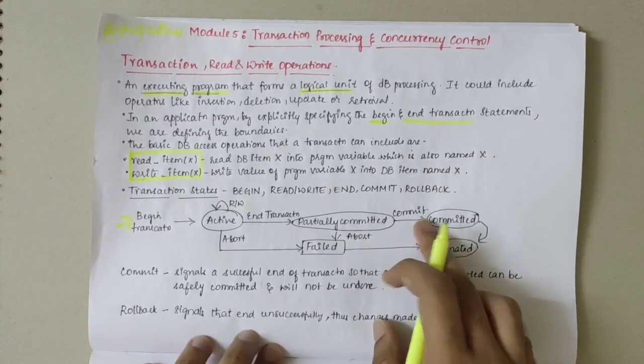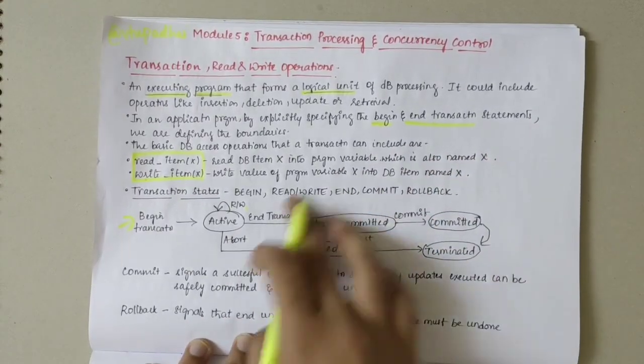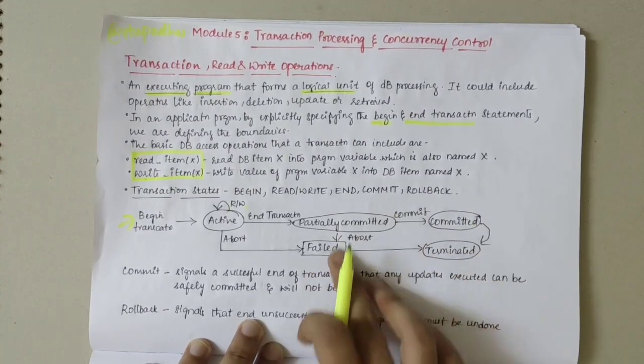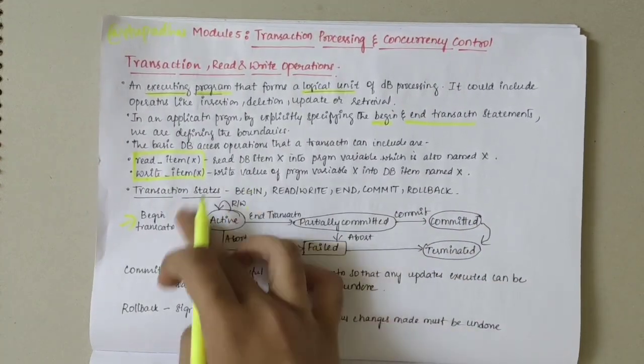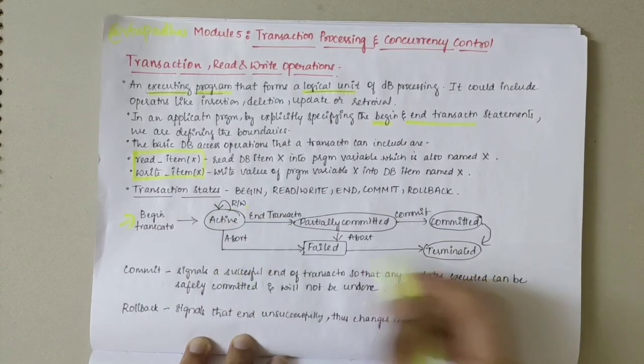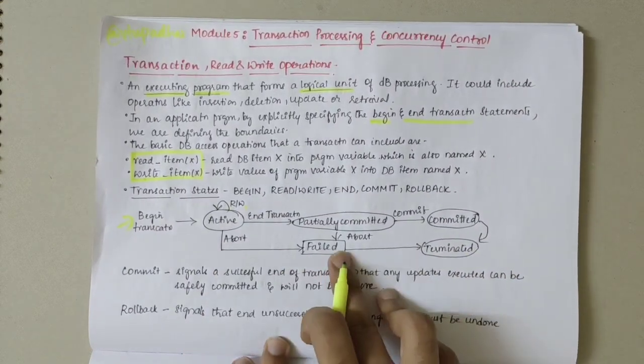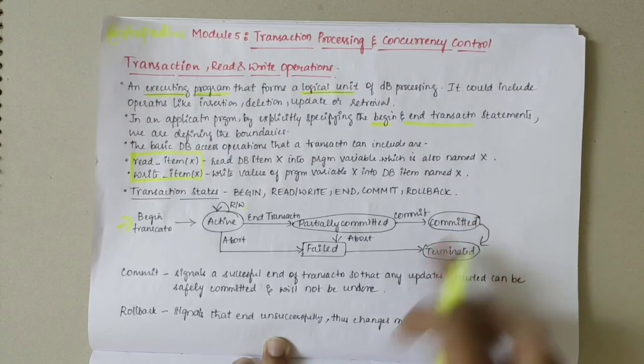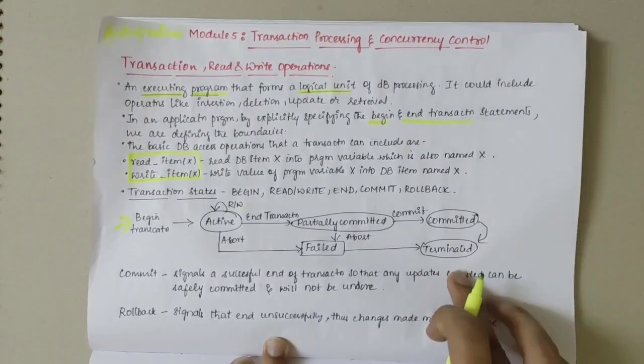If the transaction is successfully completed, it moves to the committed part. If not, it reaches the failed part. If the transaction has aborted, it goes to the failed part, and from the failed part it goes to the terminated part. Even if the transaction is committed and completed, it again moves to the terminated part.